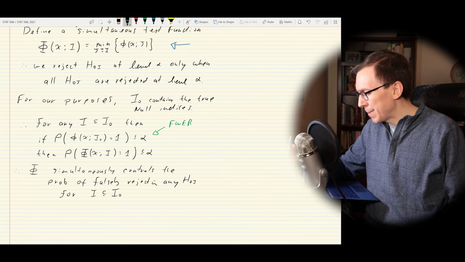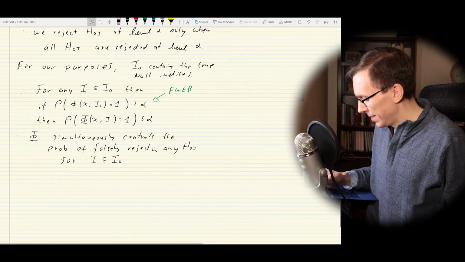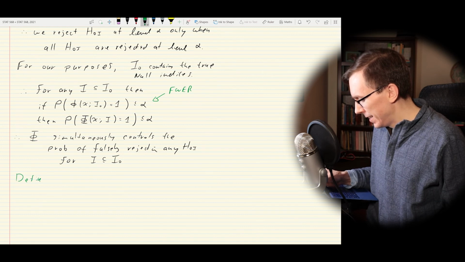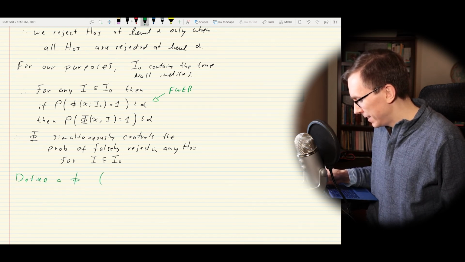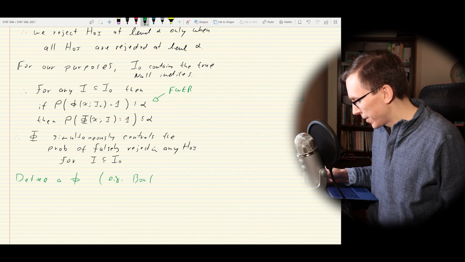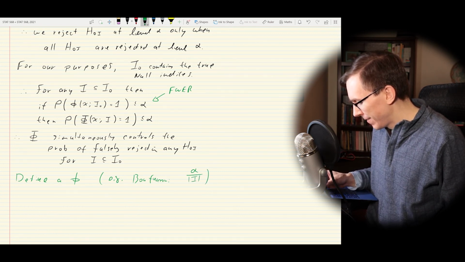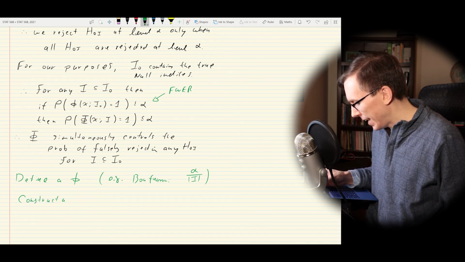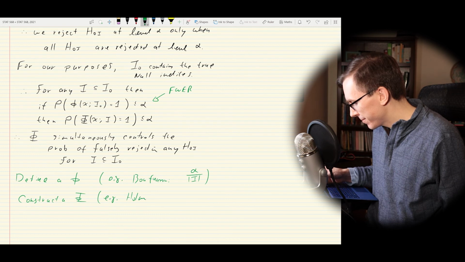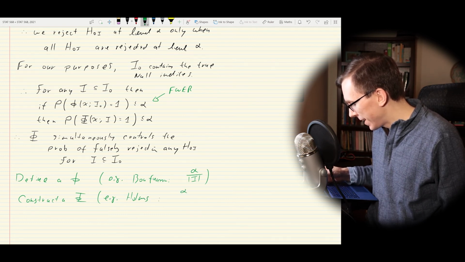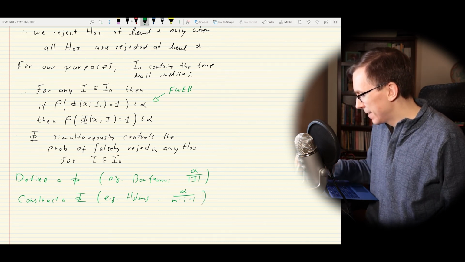So what that means is basically, in a nutshell, define a phi, e.g. Bonferroni, alpha over the cardinality of I, then we construct a capital Phi, which is, in this case, let's say Holmes, which is alpha divided by m minus I plus 1 or whatever, something like that.